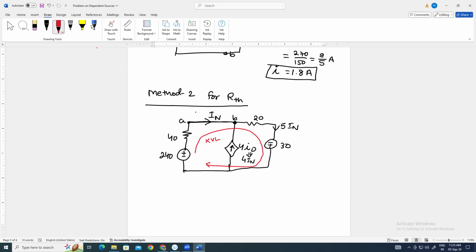So we can get the value of IN simply. Starting from here, it will be plus minus: 240 plus 240 minus, then 40 IN, then minus 20 into 5 IN, plus 30 is equal to 0.